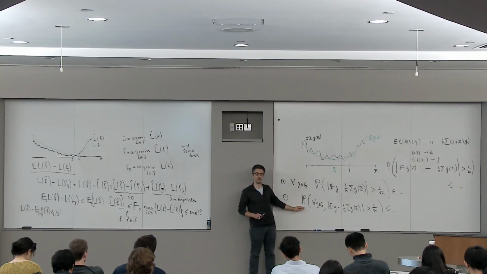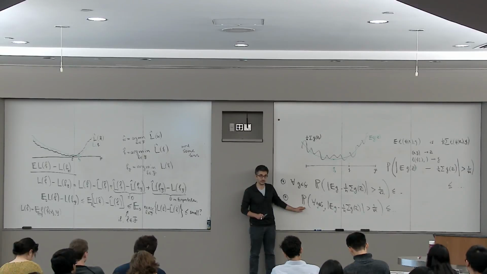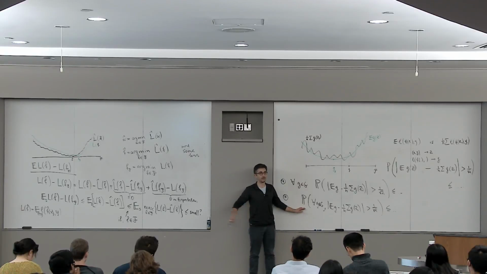Clearly, union bound will not work in that case because it's going to be a union bound over an infinite class. But there are a number of things that you can do. One thing you can do is to take a weighted union bound, and that will still be meaningful.